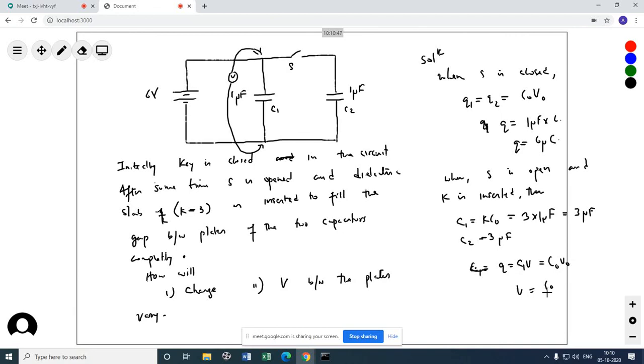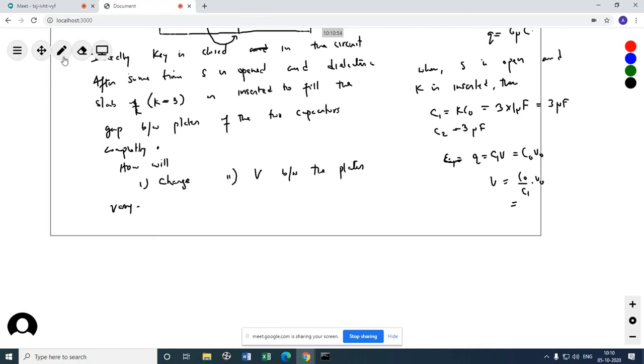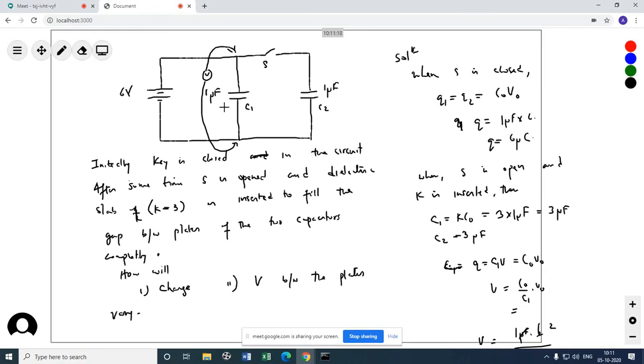So V would be equal to C0 by C1 into V0. C0 is 1 microfarad and V0 is 6 volt. C1 is 3 microfarad. Microfarad cancel, 3 2s are 6. So V equals 2 volt. That's it. Done.